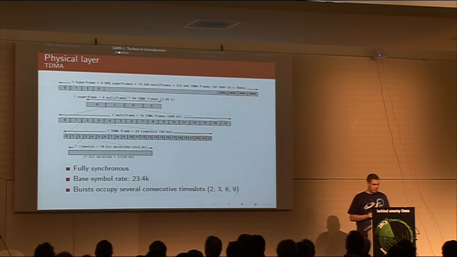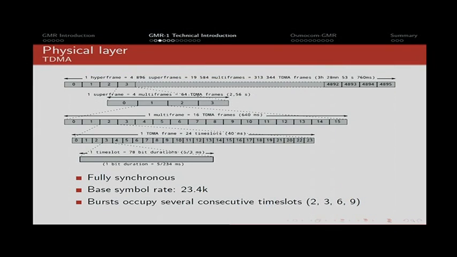So let's take a look at the physical layer in a little more detail. As in GSM, it's entirely synchronous, a complex TDMA scheme. In some aspects, it's simpler than GSM. In some aspects, it's more complex than GSM. It really depends on where you look, but basically, they have to take into account power consumption, because something very important on the satellite is that there is some broadcast information that is sent permanently, all the time, periodically, I would say.